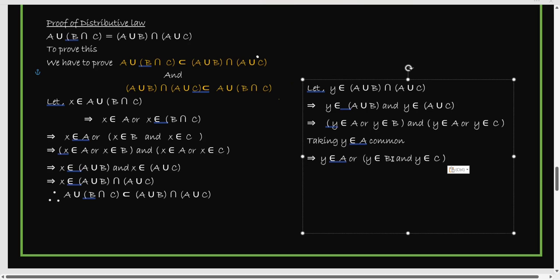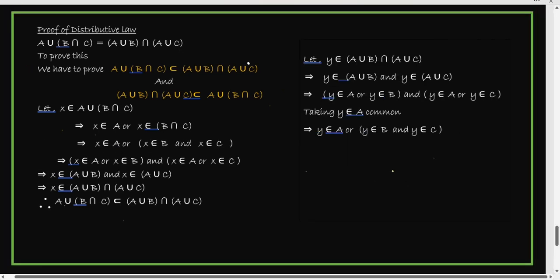So Y belongs to A we will take out as common, or this and this: Y belongs to B and Y belongs to C. If you observe this, "or" is distributing over "and". We proved that is equal to this in this video only. So what we are doing here is the reverse of it. This equals to this.